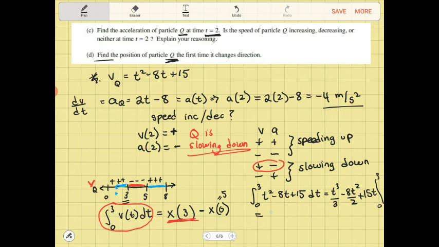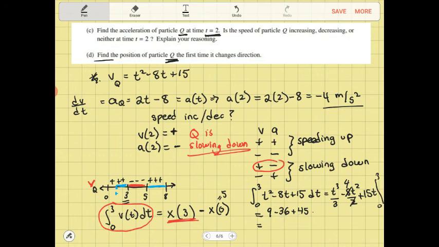We basically just plug in 3, and I'm going to plug in and simplify at the same time since I'm running out of space here. So plug in 3. 3 cubed is 27, divided by 3 is 9. Then we'll do 4 times 3 squared, so 4 times 9 is 36. Plus 15 times 3, which is 45.